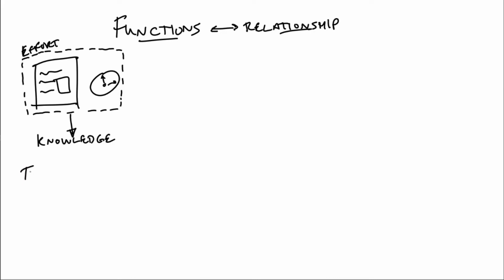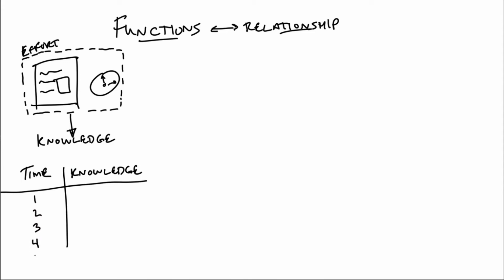You might take measurements over time. And if you were able to find a way to measure the specific knowledge that you gained, I don't know how you would do that, but suppose that you can, and you took measurements at 1, 2, 3, 4, and 10 hours.